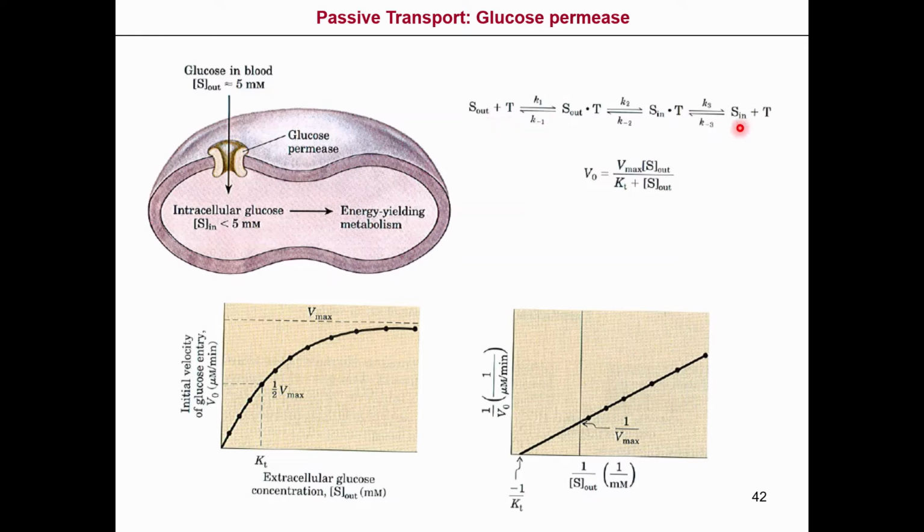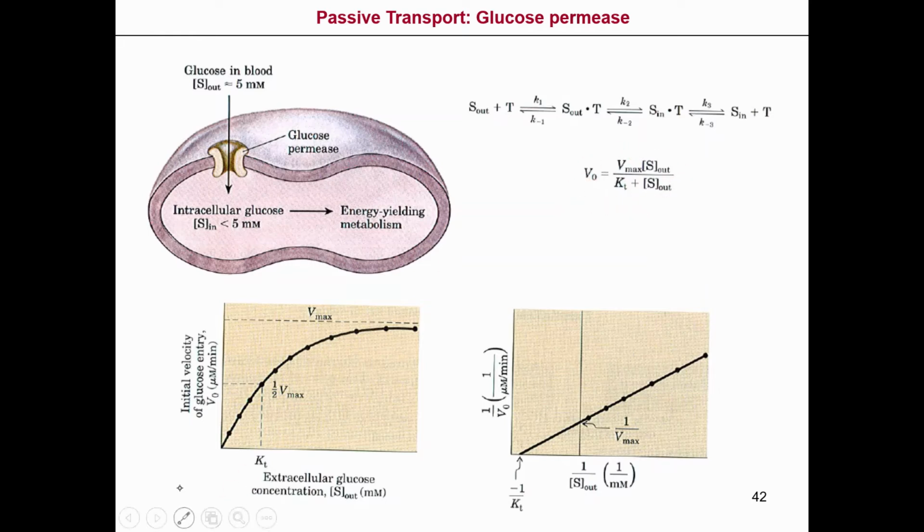And so you have this kind of equation like the Michaelis-Menten mechanism. You have the solute outside, you will form a complex, and after you have the change in the conformation, and the release of the solute inside and the transporter, okay? We can also plot the rate of the transport against this equation.